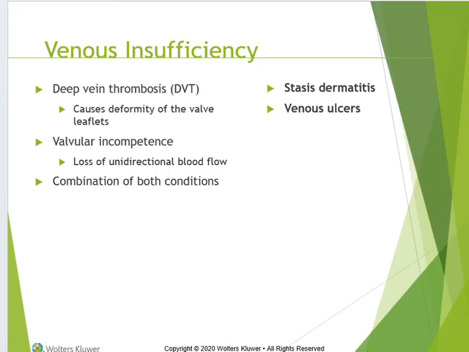So that's a big cause of venous insufficiency. And we have general valvular incompetence. So we lose that unidirectional, back toward the heart flow of blood. And so we get, again, a lot of backflow, a lot of pooling of blood and stretch or expansion of those veins themselves.